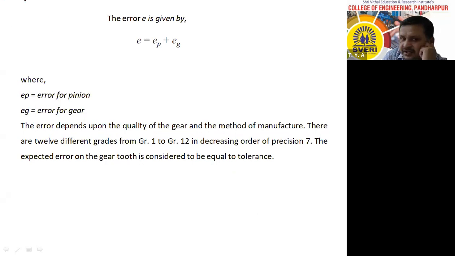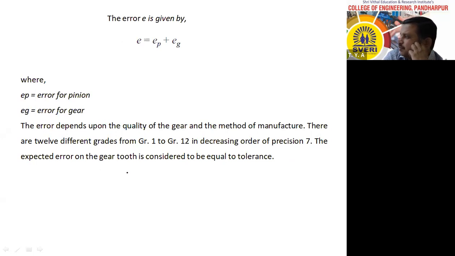Therefore, write down this formula. The error is given by E is equal to EP plus EG, where EP is equal to error for pinion, EG is equal to error for gear. The error depends upon the quality of the gear and the method of manufacture.